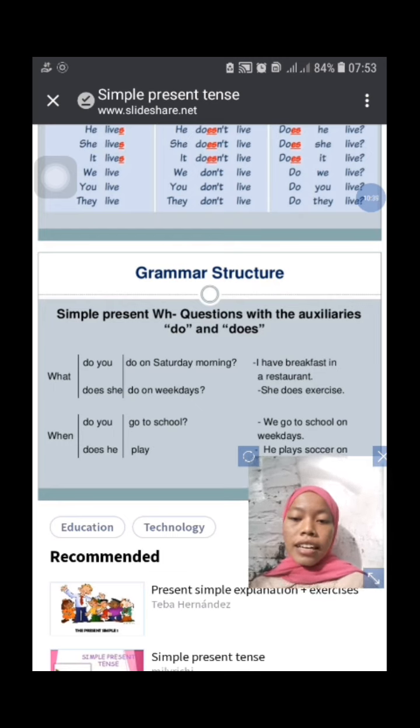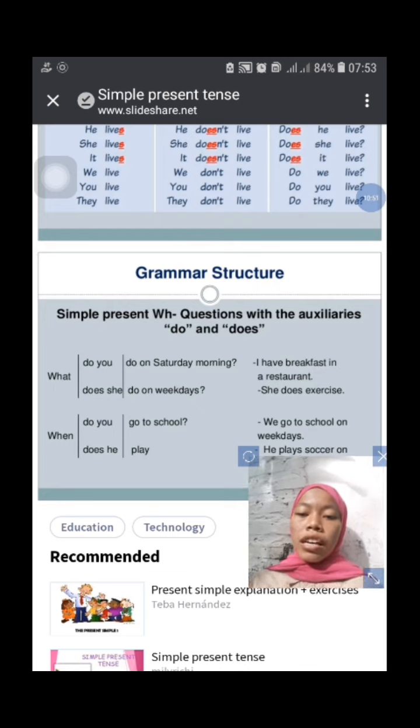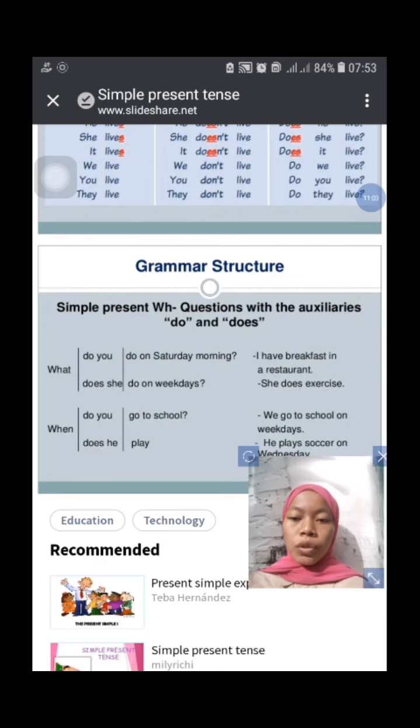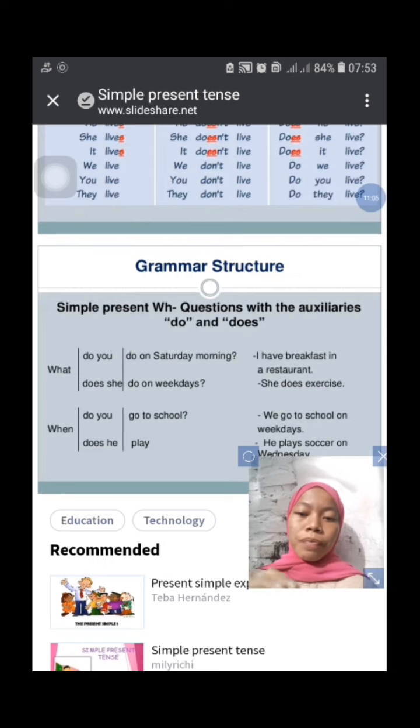And the second example: when do you go to school? The answer: we go to school on weekdays. So we put the WH question word before do: what or when or why plus do plus subject and verb.